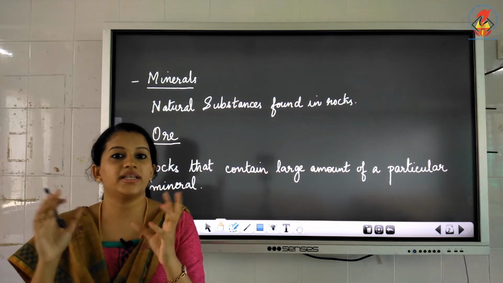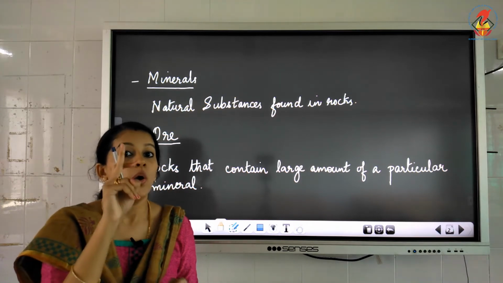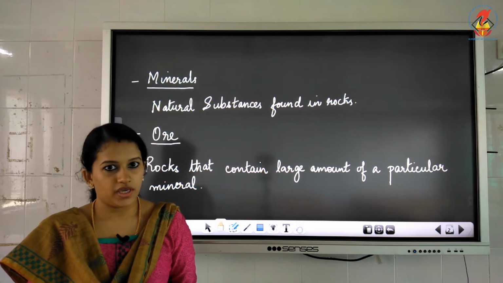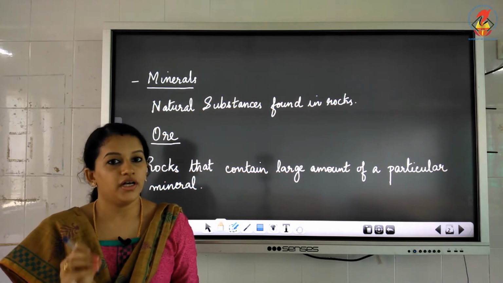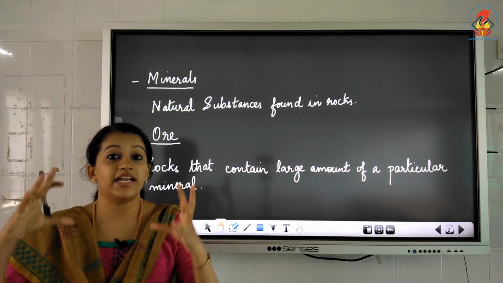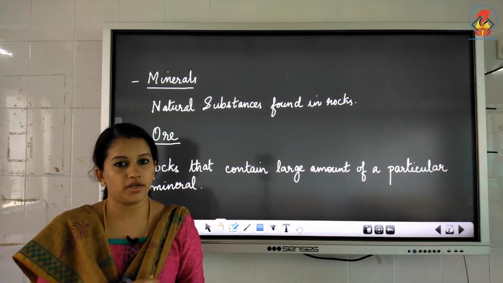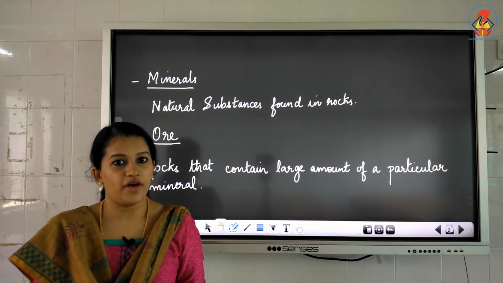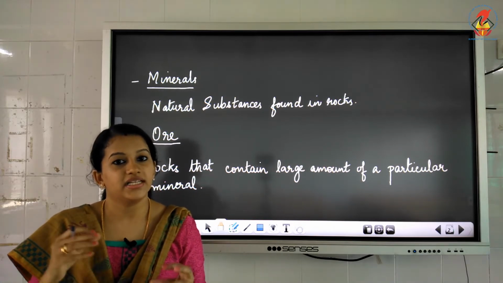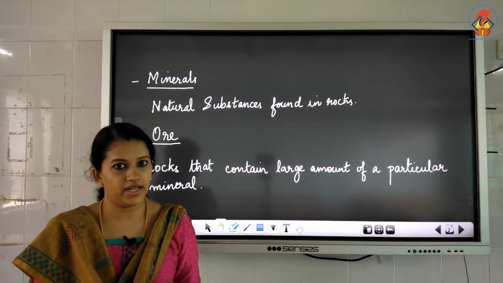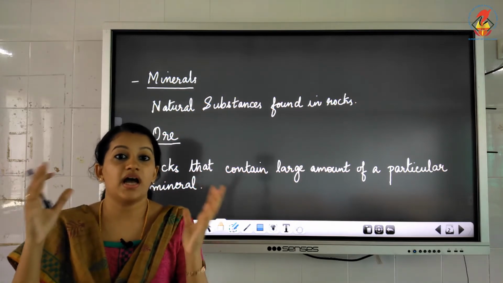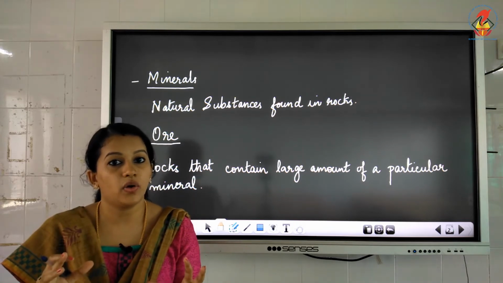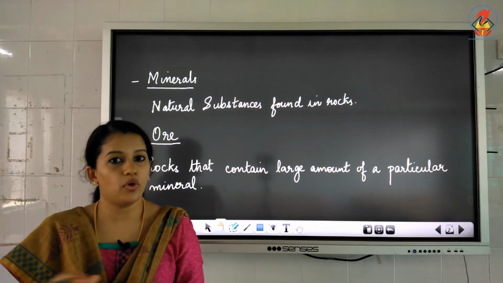That means one type of rock will have one specific mineral in large quantity. For example, if a rock contains the mineral iron in large quantity, then that rock is called the ore of iron, or you can say that it is the ore of that mineral. If a rock contains a large amount of gold in it, that rock can be called the ore of gold.